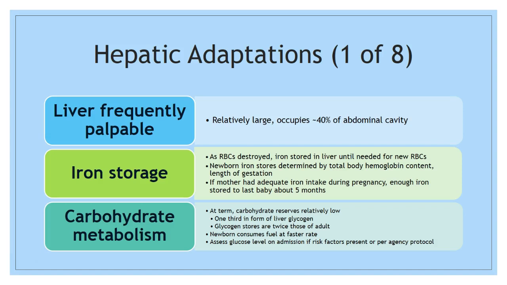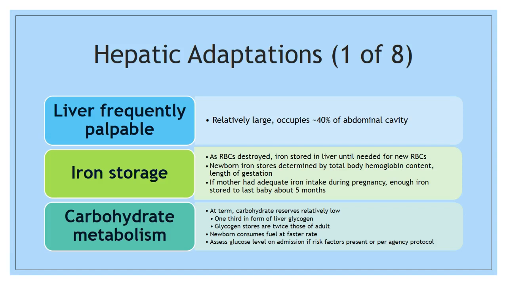So it's important to assess a glucose level on admission, and if risk factors are present, or per your agency protocol, they're all a little different. So if you notice that your newborn is jittery, you want to be checking a blood sugar.